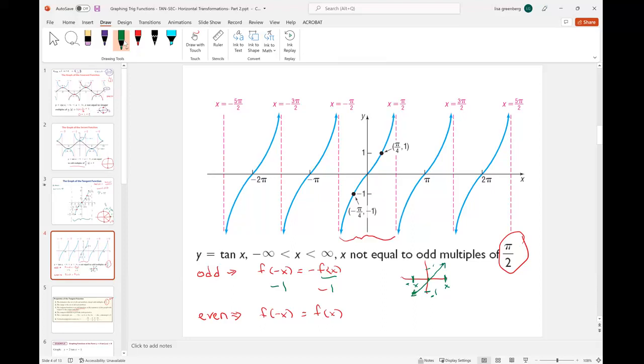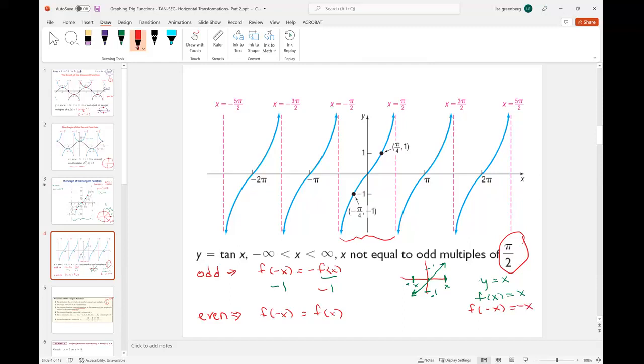This is an odd function because, and I could even say this is actually just y equals x. Y equals x is an odd function because, let's see, if we have f of x equals x, then f of negative x is going to equal negative x, right?